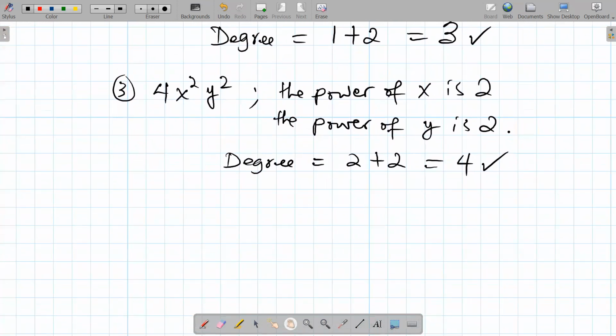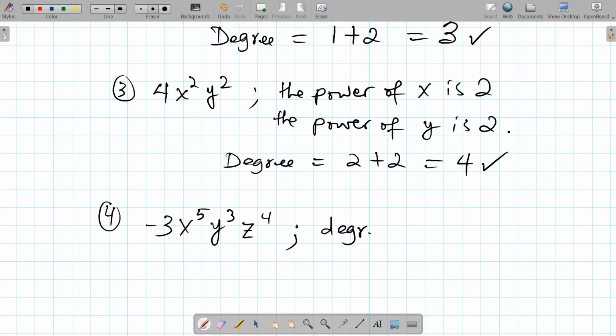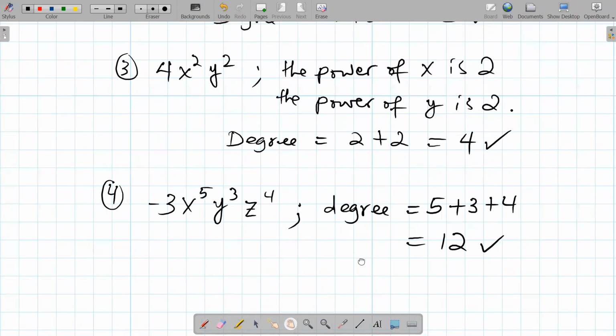Take note of it carefully. Another one, negative 3, x^5, y^3, and let's say z^4. So take note of it. The degree will be 5 plus 3 plus 4, and that will give you 12. So when we sum up all the powers of the variable, that will give us the degree of the term.